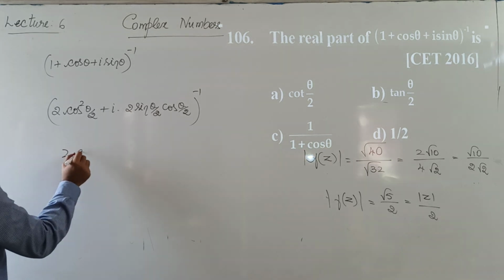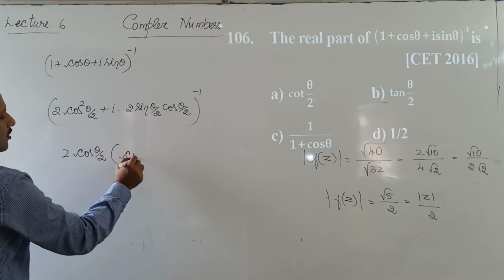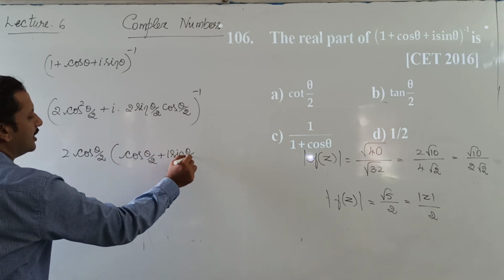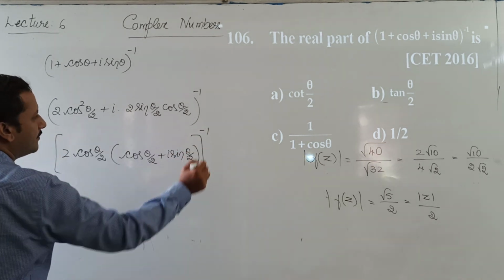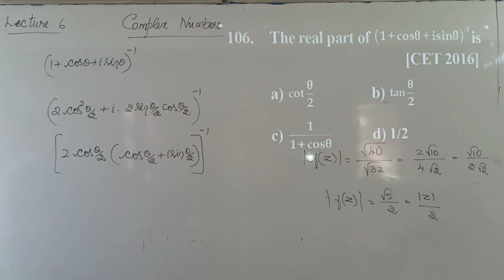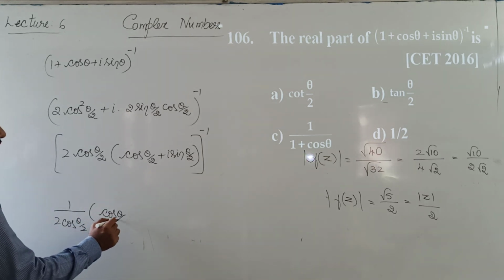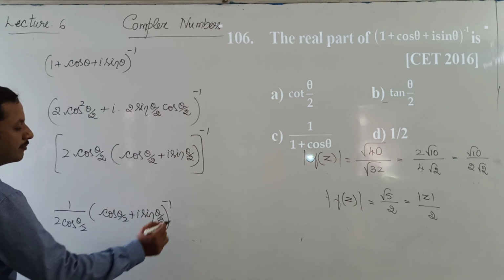I take 2 cos theta by 2 as common, then what remains is cos theta by 2 plus i sin theta by 2, whole power minus 1. So it becomes 1 by 2 cos theta by 2 into (cos theta by 2 plus i sin theta by 2) whole to the power minus 1.